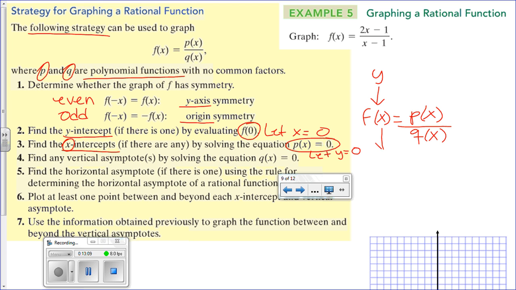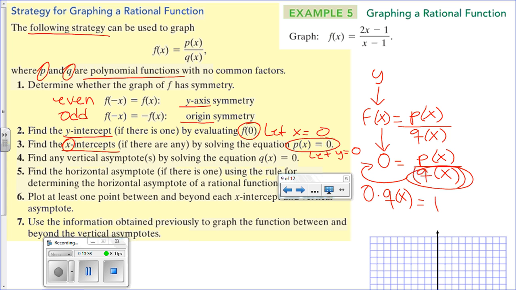So if we let this f of x equal 0, and we have p of x divided by q of x, and then we try to solve for x, you could see here that q of x is dividing p of x. So we all know that if we take this quantity across, it will be multiplying, because on the right side it is dividing, so if we take it to the left, it will be multiplying. So 0 times q of x equals p of x. And we all know that q of x times 0 is equal to 0.